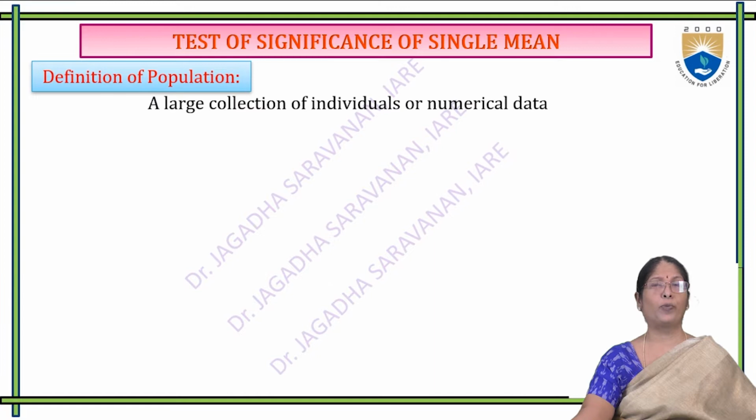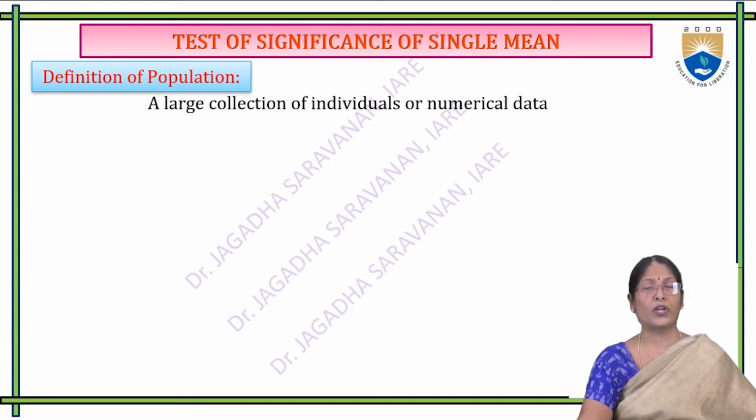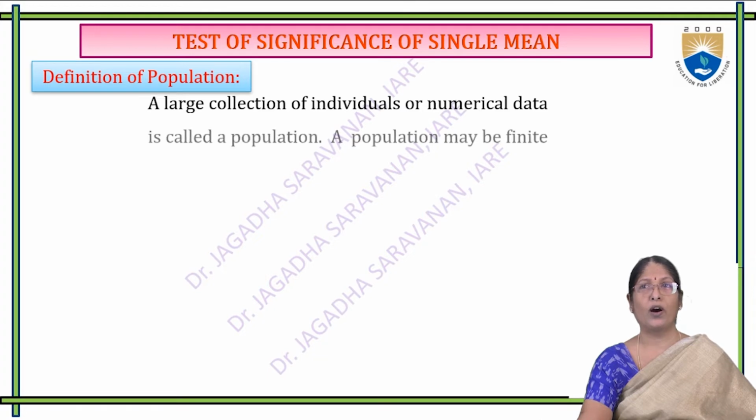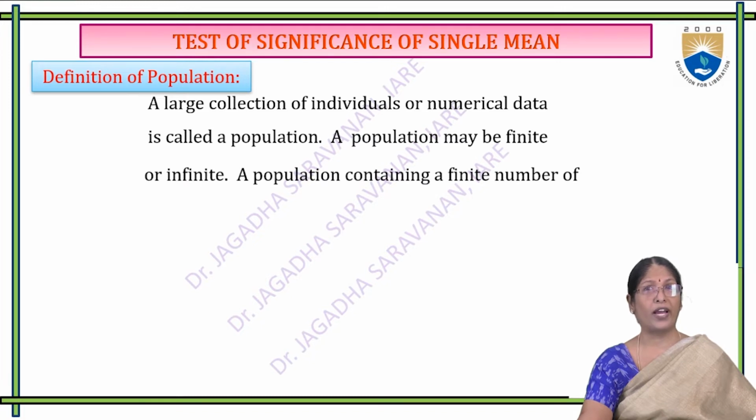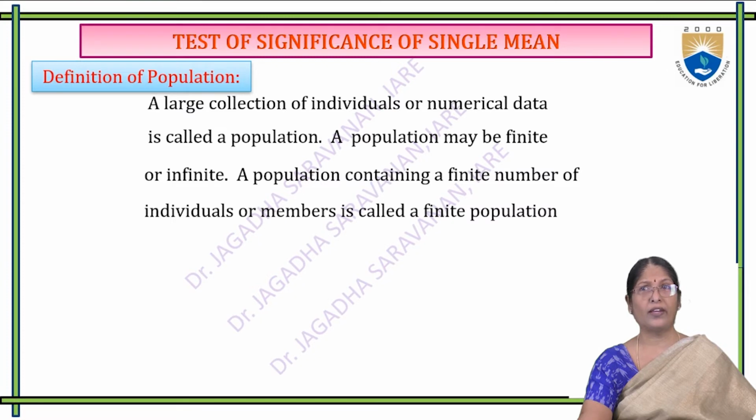What is a population? The population is nothing but a large collection of individuals or numerical data. This population may be finite or infinite. A population containing a finite number of individuals or members is called a finite population.